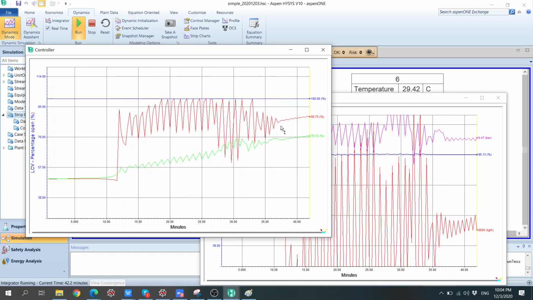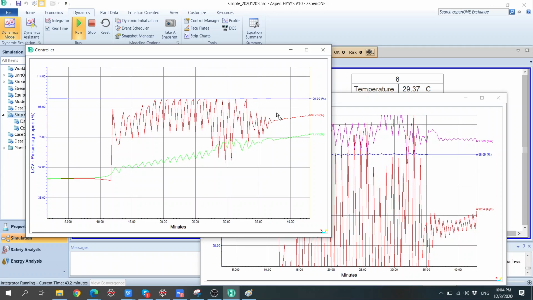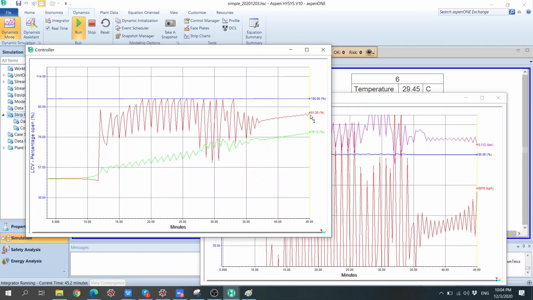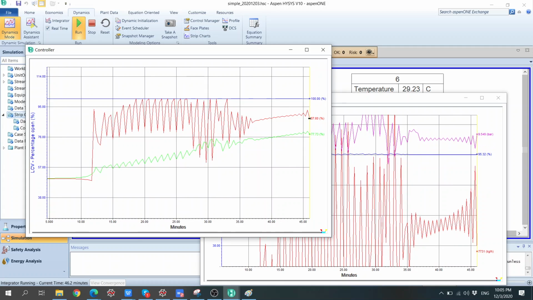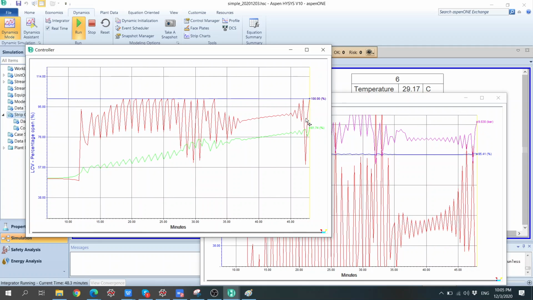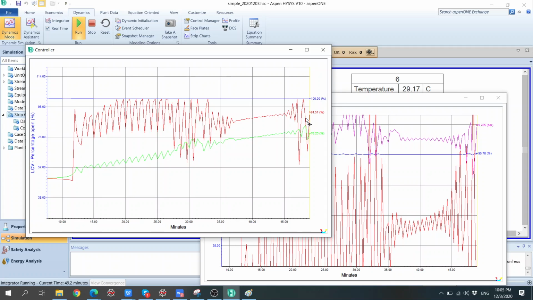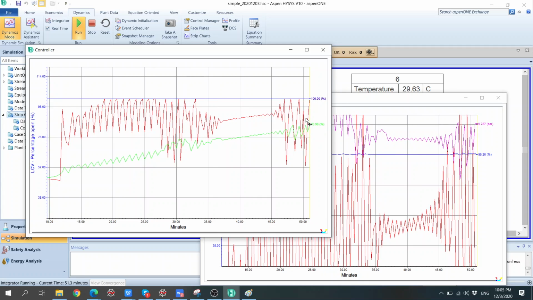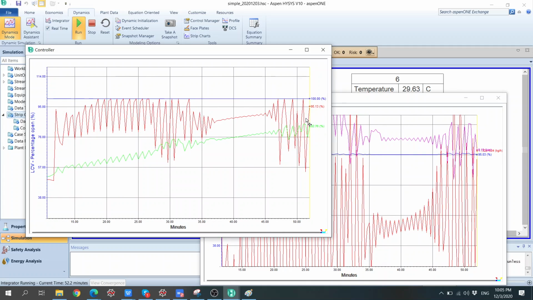Also, one way to reduce this is, if we see that it is prolonged like this, it's not stable, but now it's getting better also. Yeah, so I see it's not stable, it goes back up. This unstable control situation can be of several things, but the most common one is that the controller is too aggressive.